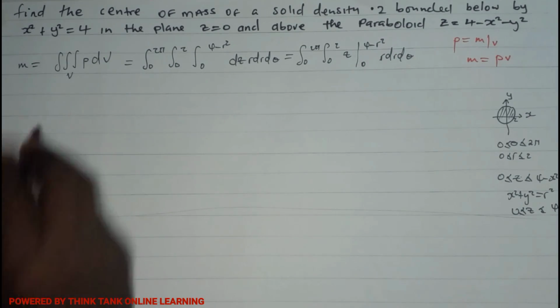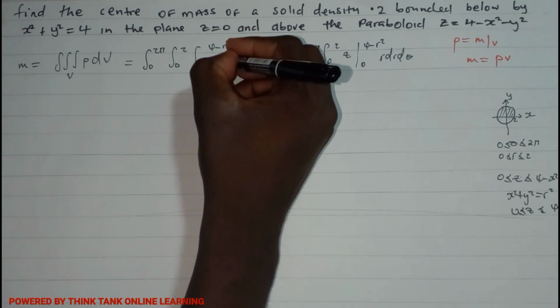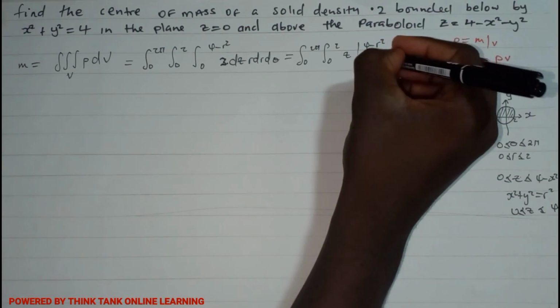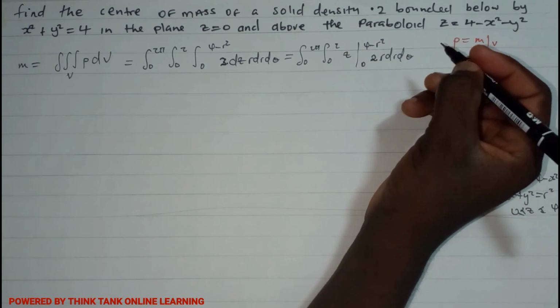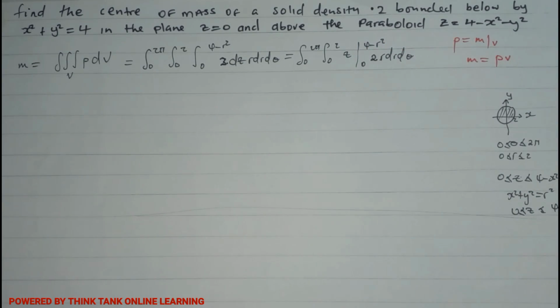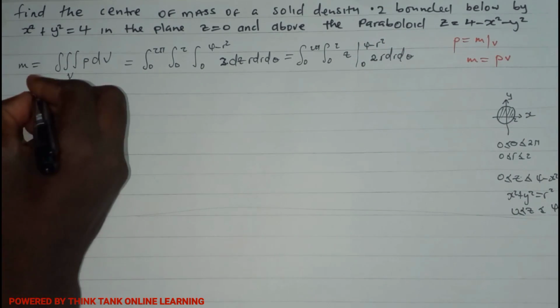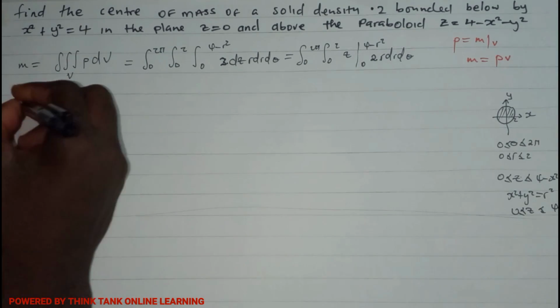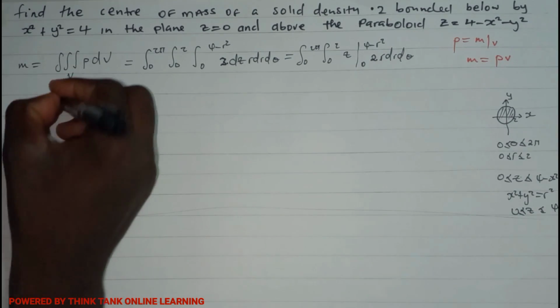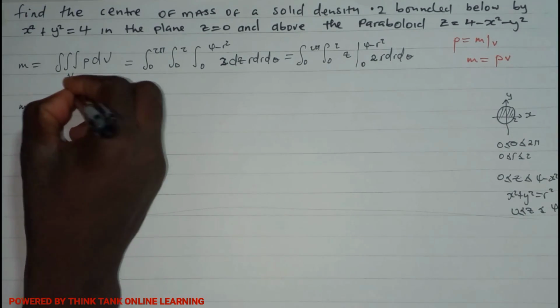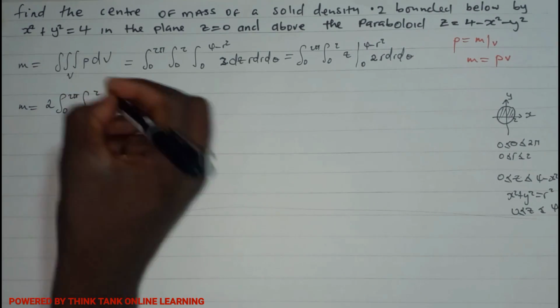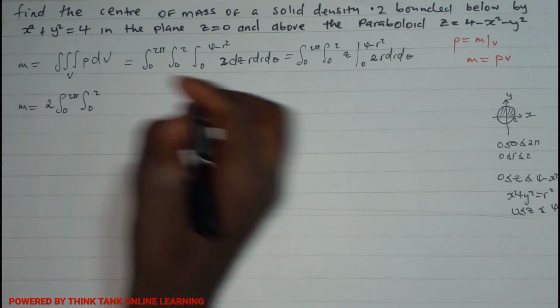But we have the density, so let me just put it here. It's 2, so the density is 2. I'm going to put 2 here. So the mass is going to be 2, 0 to 2 pi, 0 to 2 for the radius, upper bound minus lower bound.